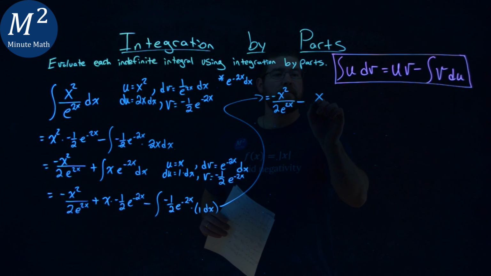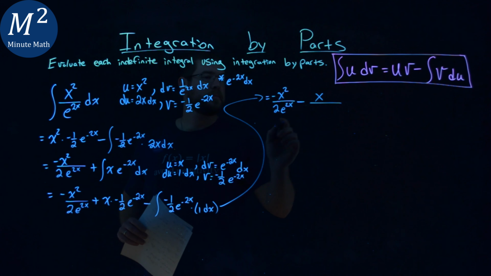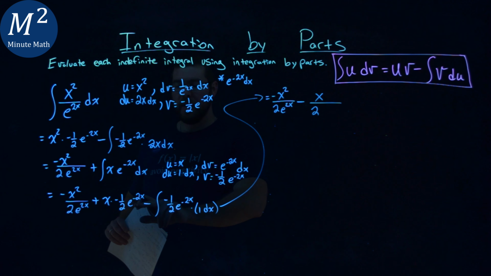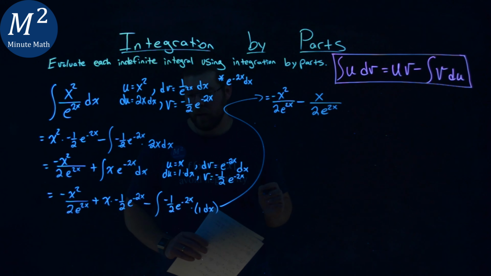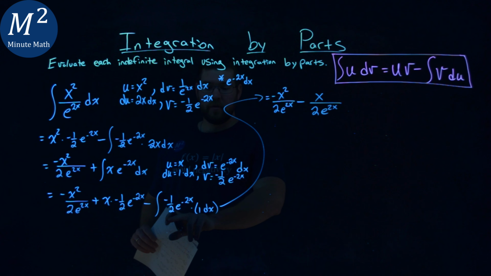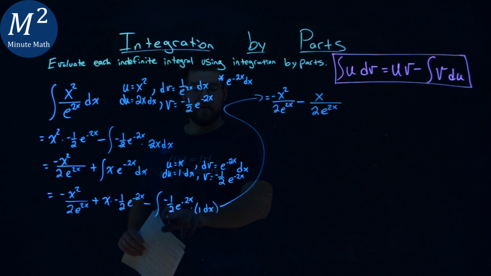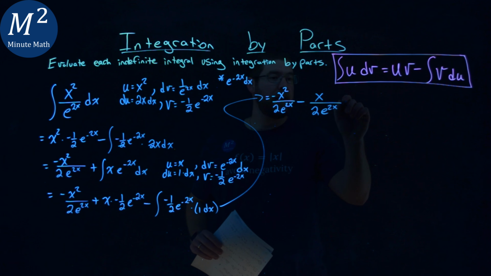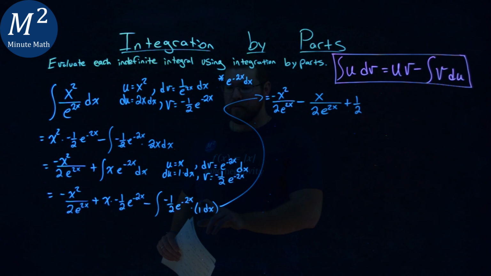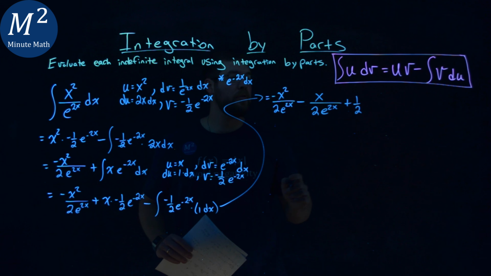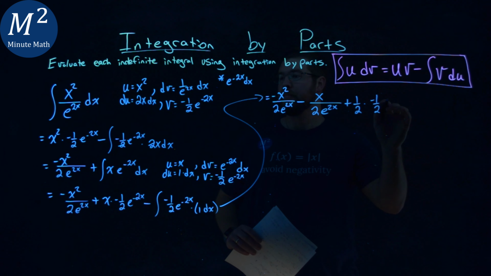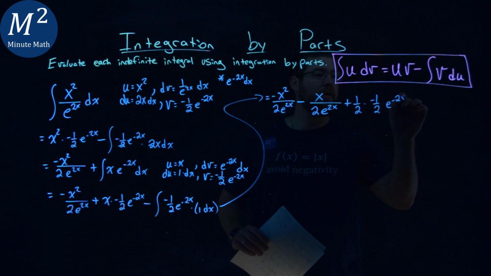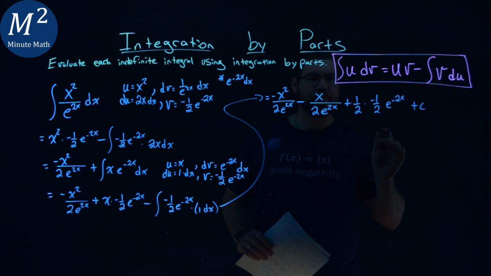So we have an x here over the 2 staying in the denominator, and we bring the e to the negative 2x power to the denominator, e to the positive 2x power. Then, this integral here, we'll pull out a negative 1/2, so we have positive 1/2 on the outside. And so the integral of e to the negative 2x, we've already found. That is a negative 1/2 e to the negative 2x power, and we don't forget the plus c.